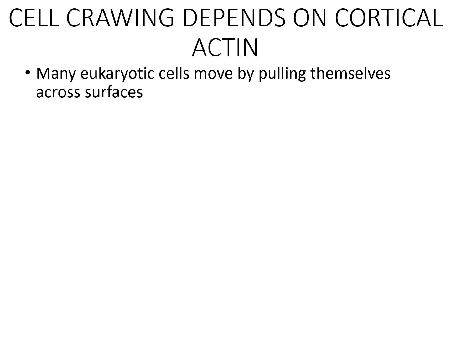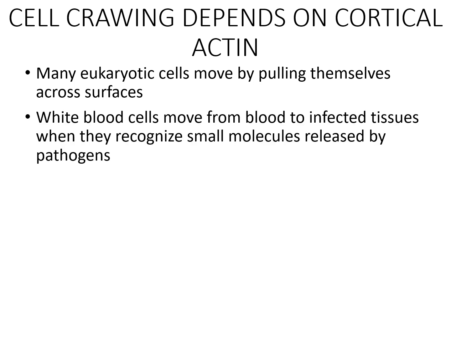Another function actin filaments provide to cells is allowing cells to crawl. Many eukaryotic cells move by pulling themselves across surfaces. This is not similar to swimming motions. White blood cells can move from blood to infected tissues when they recognize small molecules released by pathogens.